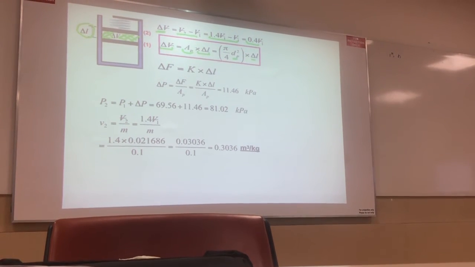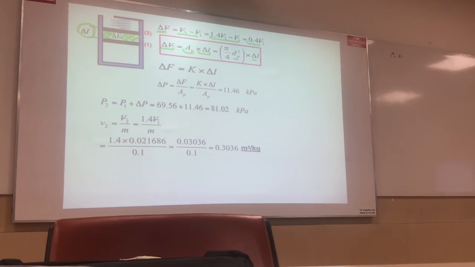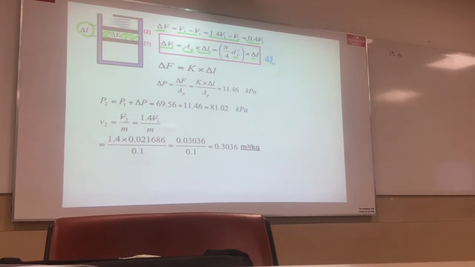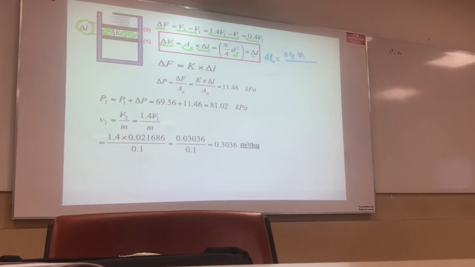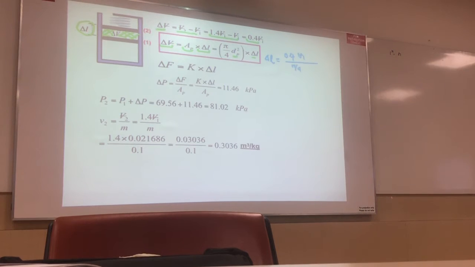So I can write delta L becomes 0.4 V1 divided by pi by 4 dp square.